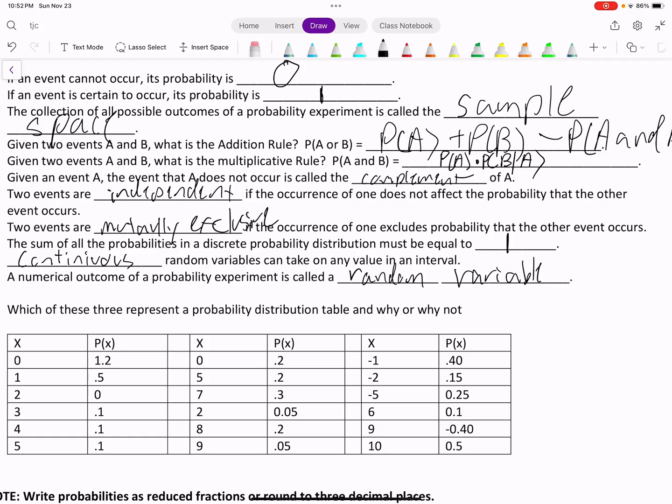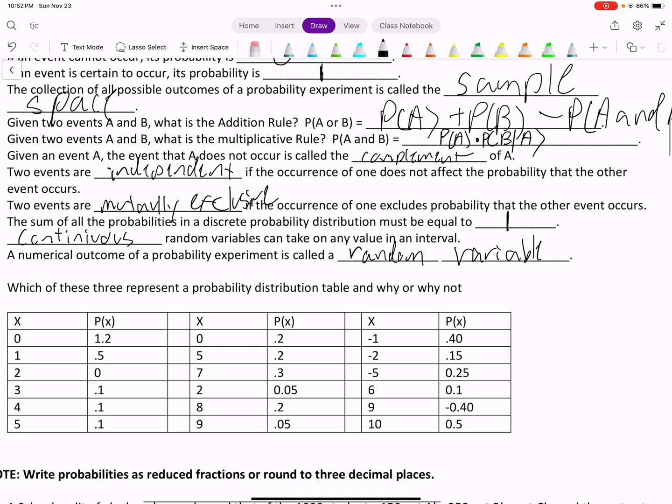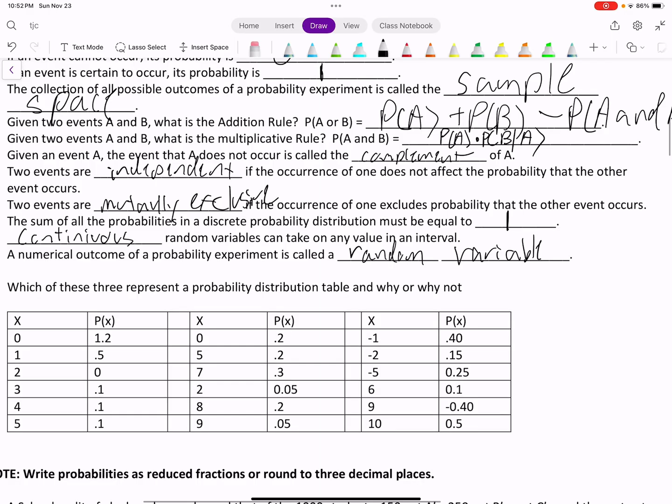Which of the three represents a probability distribution table? Why and why not? So in probability distribution tables, the probability of each individual value x must be greater than or equal to 0 and less than or equal to 1. So it has to be between 0 and 1 inclusively.